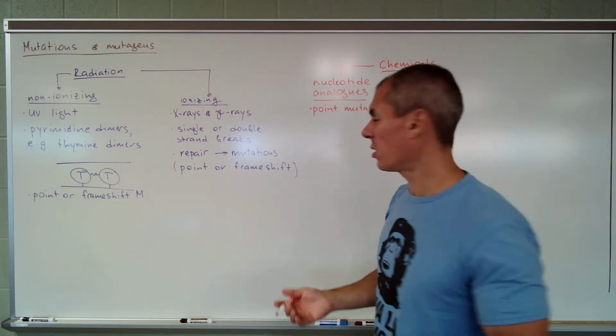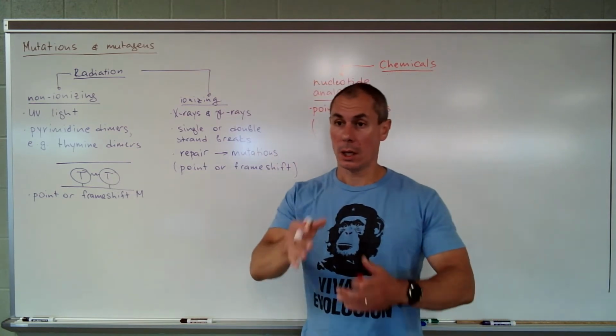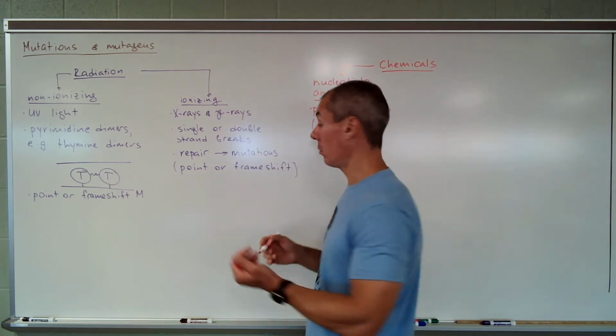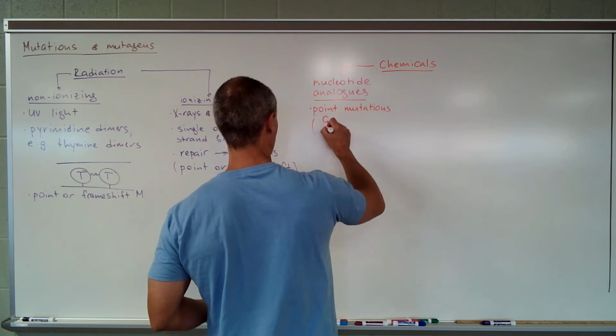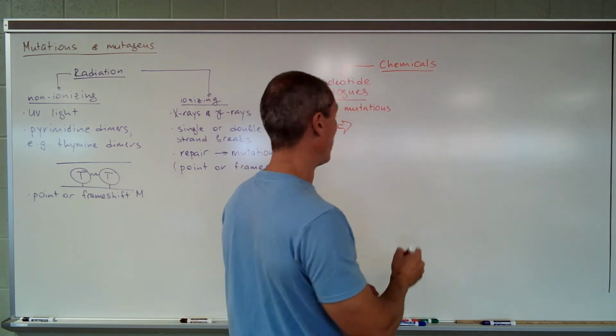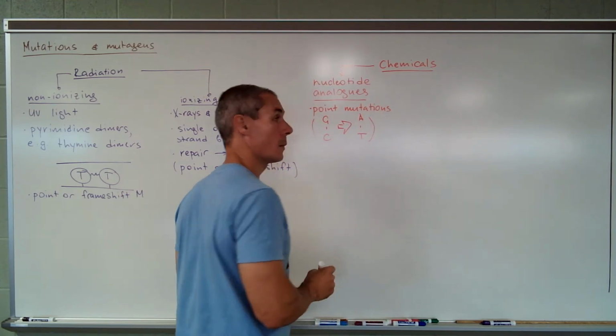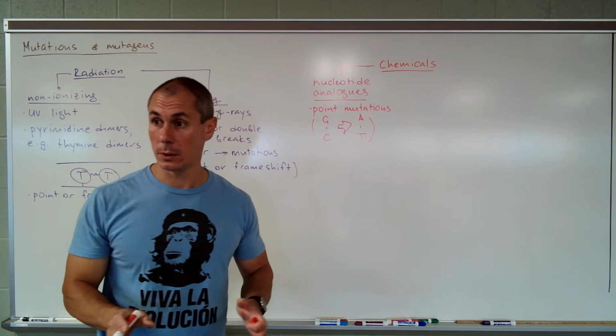And point mutation in our case will be the replacement of the pair. So for instance, at certain location in the DNA, you had G-C pair, and it is replaced by A-T pair. Okay, does that make sense so far?